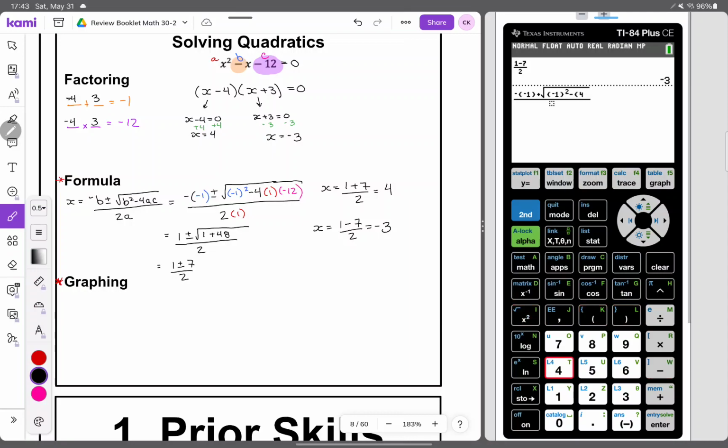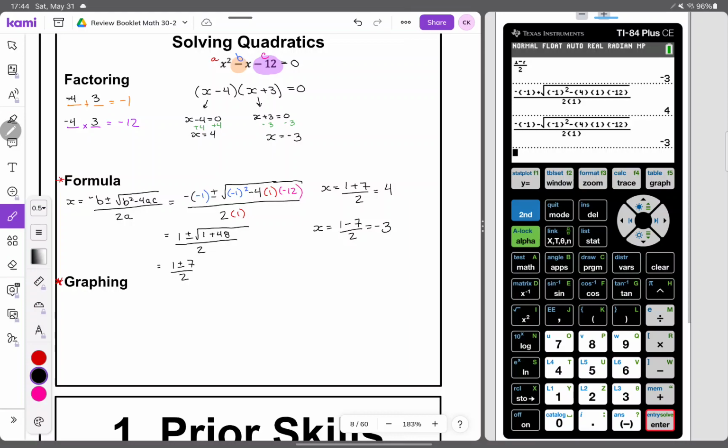Okay, minus 4 times 1 times negative 12, all over 2 times 1. So you can see we still get that 4 answer. And if you do it this way, we can just scroll up, enter that. It's going to copy it back down. Then I can go over here and change this plus sign to a minus sign. And that's going to give us the negative 3 answer.